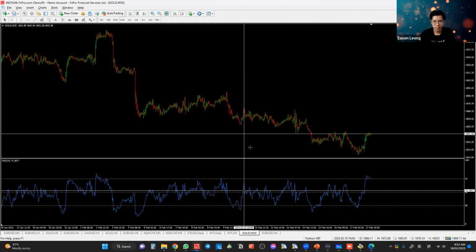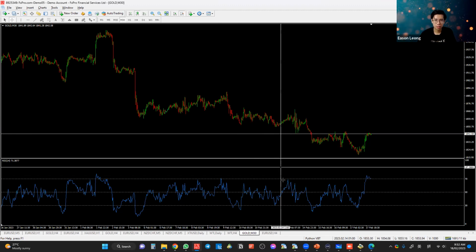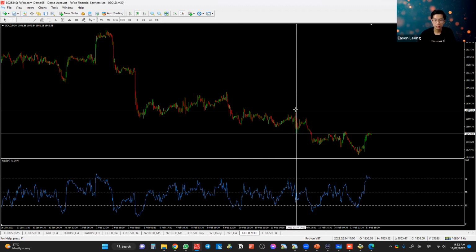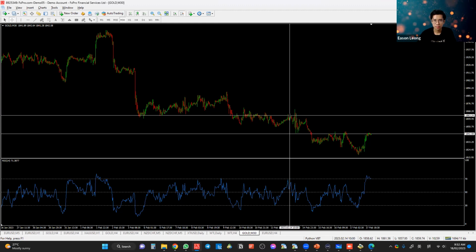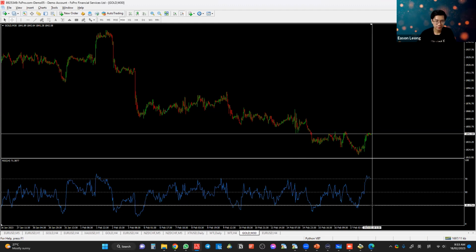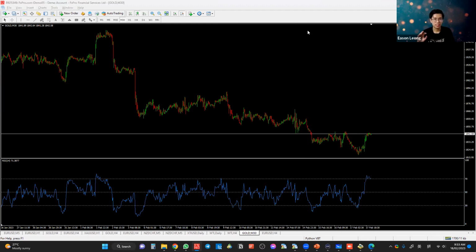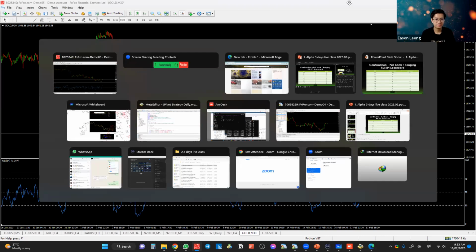But you see, you buy again, and both of these trades can exit here. When you reach the top again, near 70, it is another good chance for you to sell. So basically, below 30 you buy, above 70 you sell. That is the basic understanding of it.